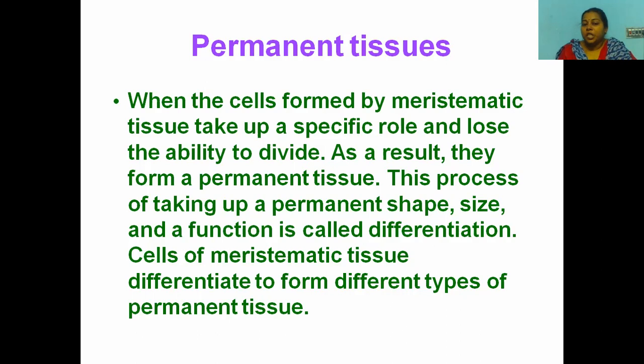Cells of meristematic tissue differentiate to form different types of permanent tissue. With this, I can give you one conclusion: all the cells present in the permanent tissue were earlier from the meristematic tissue only. When they keep on dividing, at a certain stage they differentiate to form a permanent tissue.